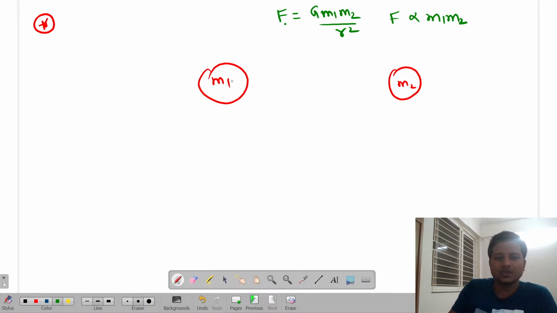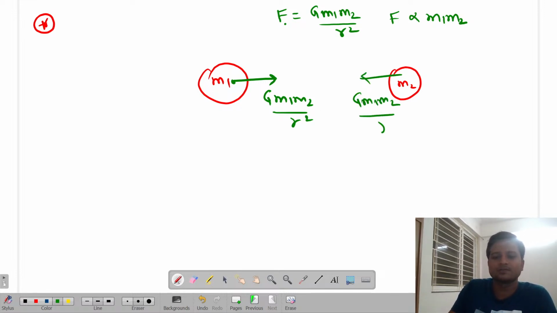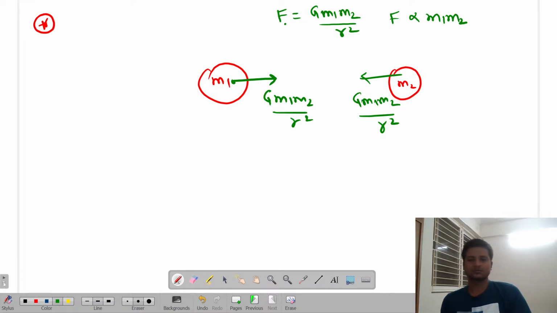So if m1 is heavier and m2 is of lesser mass, it does not affect anything. m1 will be attracted by the same force, G m1 m2 by r square, and m2 will also be attracted by the same force. Is that clear or not? Are you able to get me?